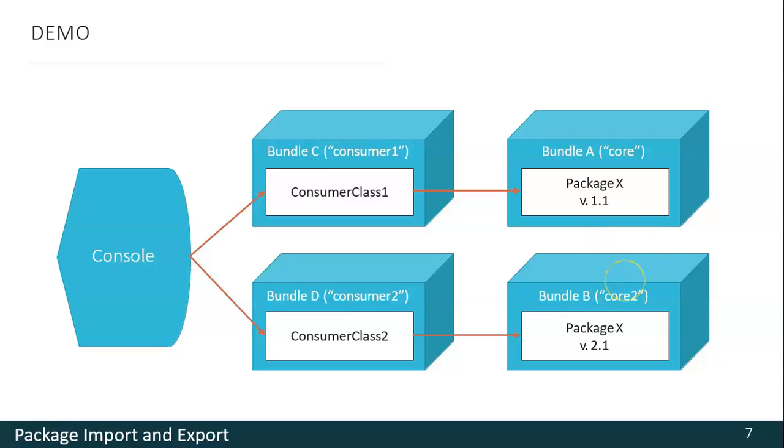In the first case, it will be 1.1, and in the second case, it will be 2.1. And bundle C will invoke a class from bundle A, and bundle D will invoke the same class but from bundle B, and we will direct everything from the Groovy console.